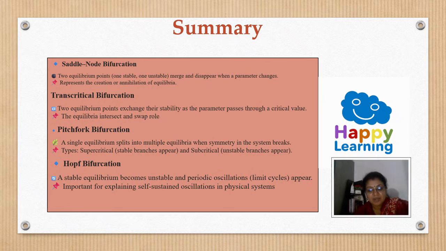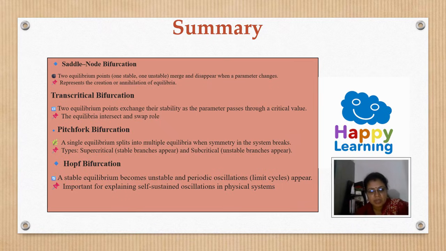So dear all, we have come to the end of the e-content modules. We have successfully seen 3 parts, and here comes the summary of the types of bifurcation which we have seen. The first one is saddle node, where two equilibrium points merge and disappear when a parameter changes. So it represents the creation or annihilation of equilibria.